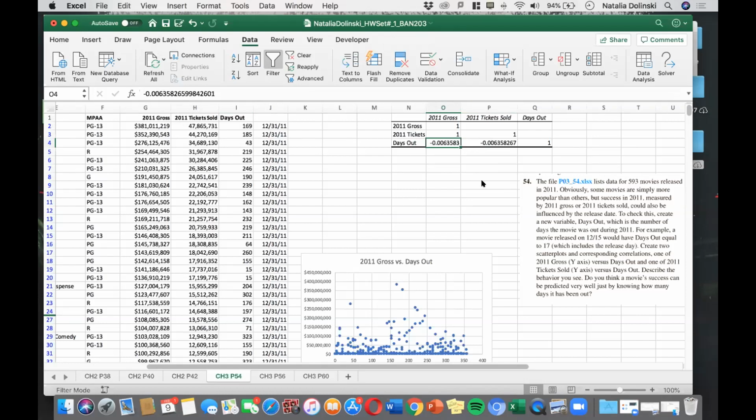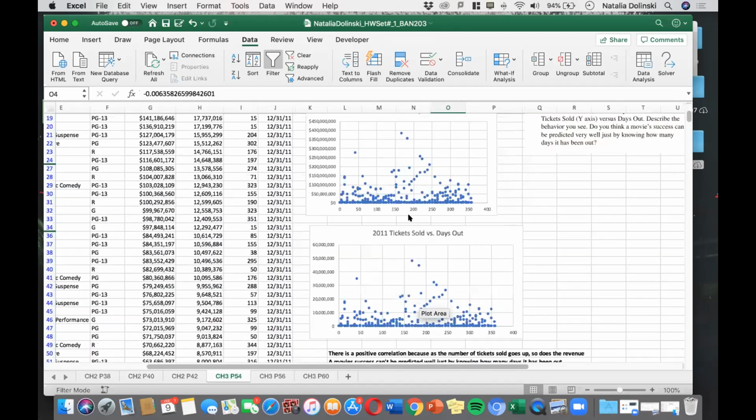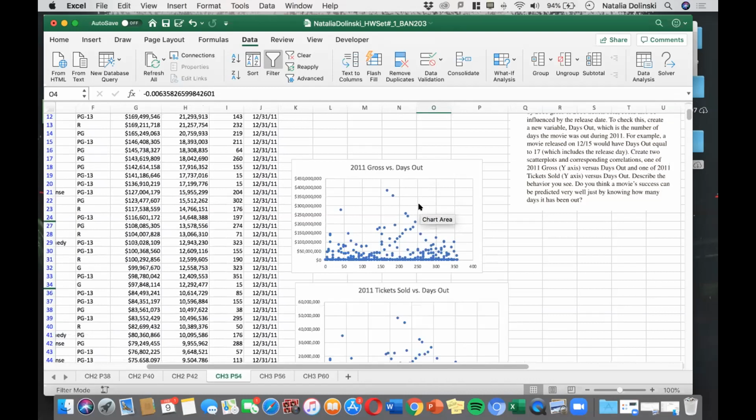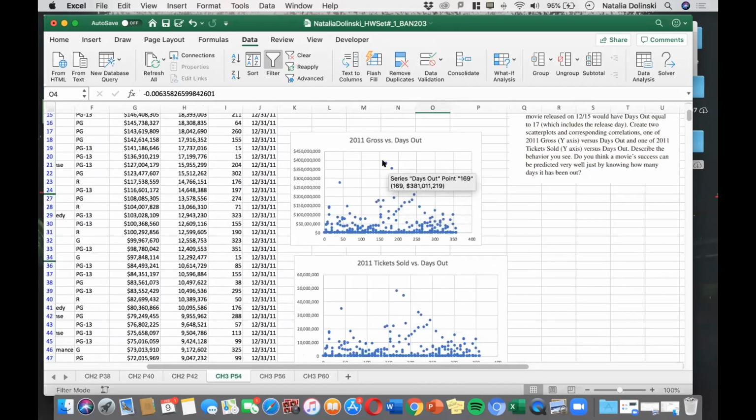So the correlation, I'm still confused. Which part? Because the question asked for the scatter plot, so that's the two things that I have here. That's correct. Do you see any pattern there? Chances are you don't see a pattern, correct?